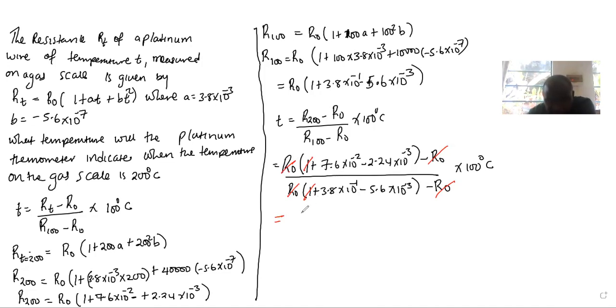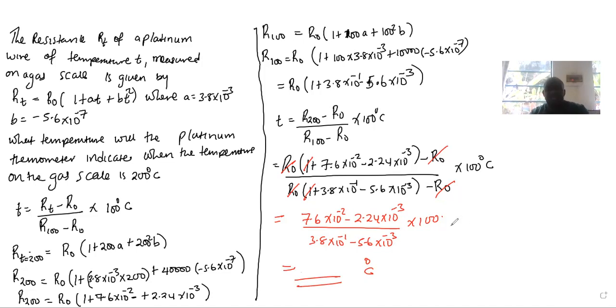So the numerator remains with 7.6 times 10 power negative 2 minus 2.24 times 10 power negative 3, divided by 3.8 times 10 power negative 1 minus 5.6 times 10 power negative 3, times 100. Can you compute and give me the answer? That will give us the answer. So those of you who had challenges with that number, that is how you had to go about it patiently.